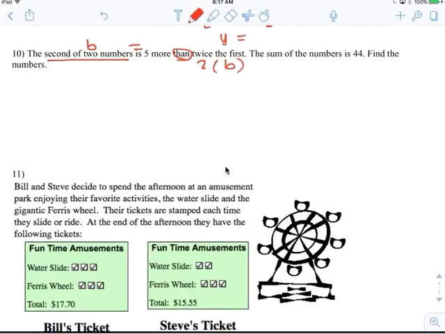So 5 more, so we add. So B equals 2A plus 5. Sorry guys, the first number is A, so it's 2A plus 5.